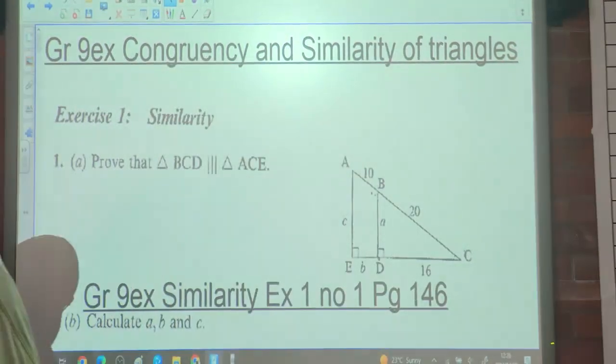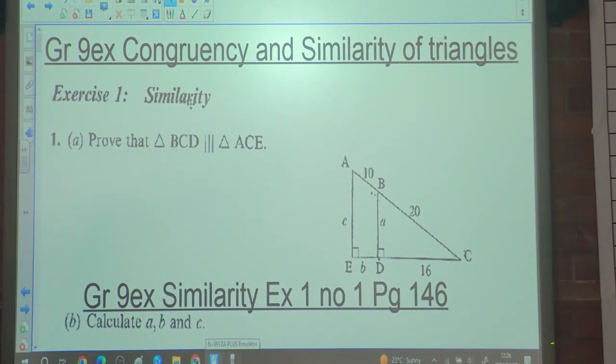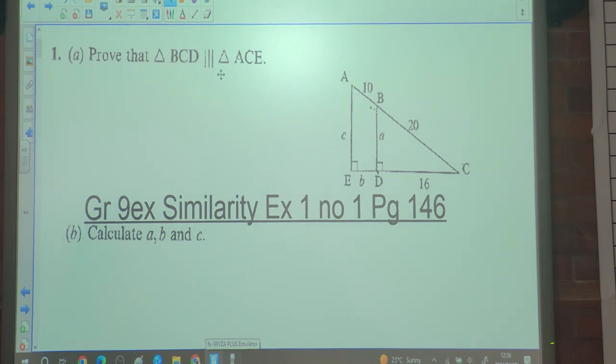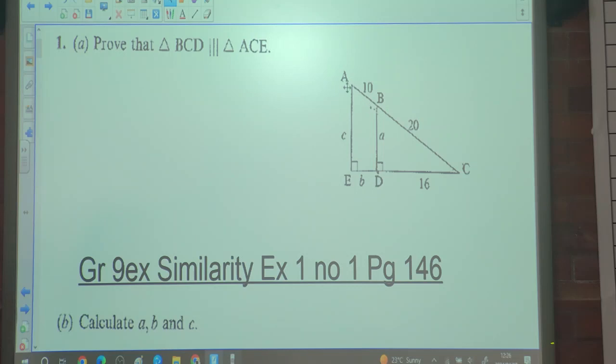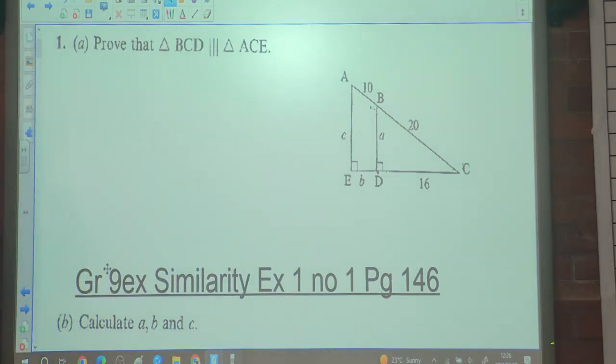Okay, so let's look at similarity. Here we are told to prove that triangle ABC, ACE is similar to triangle DCB. Those two triangles. So where do we start?